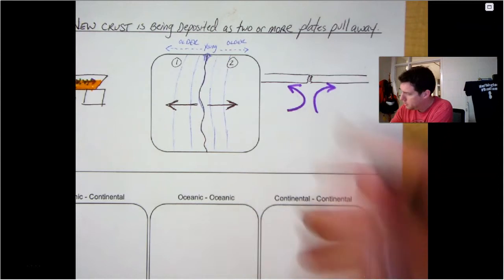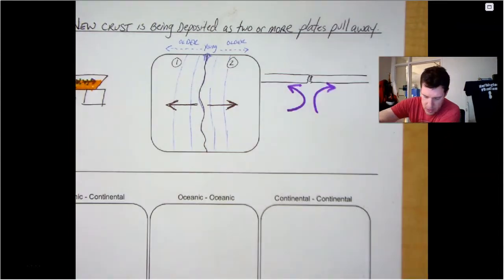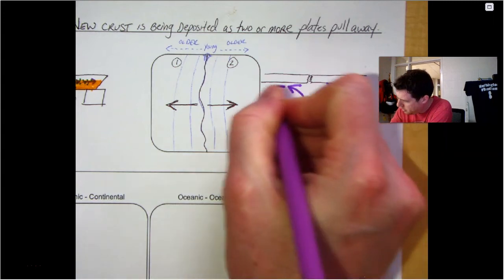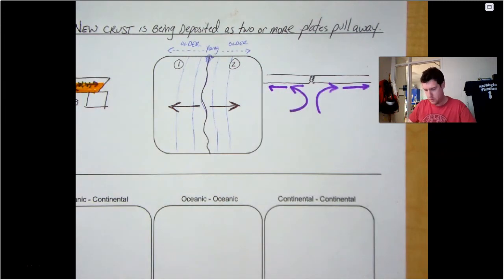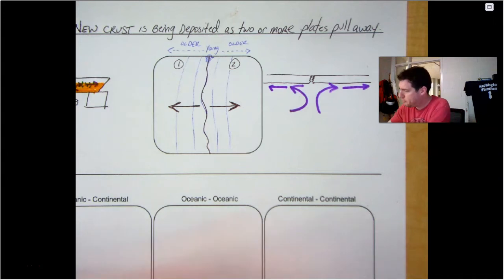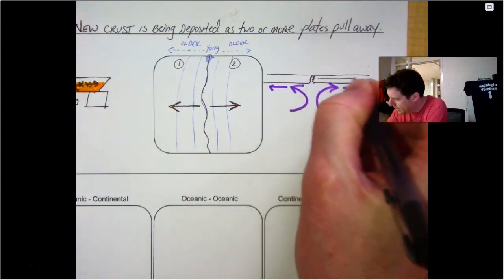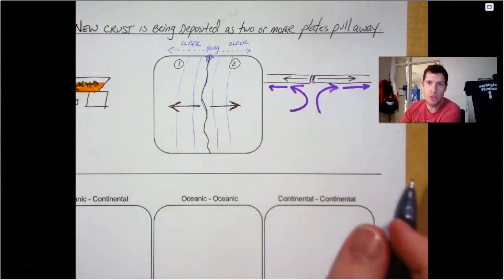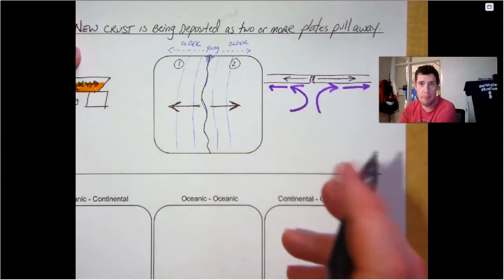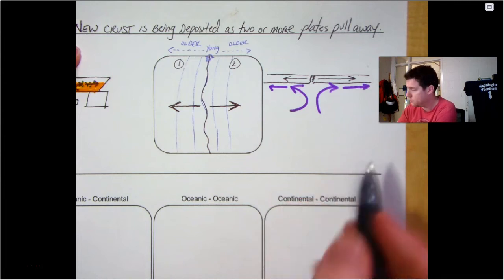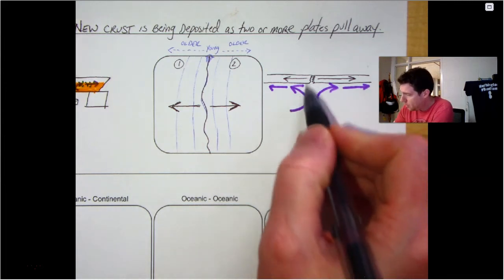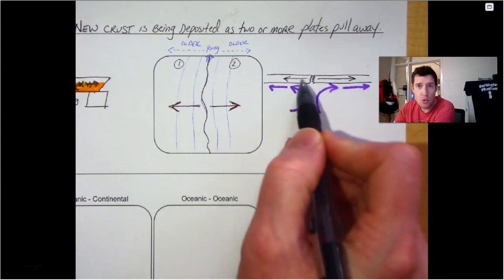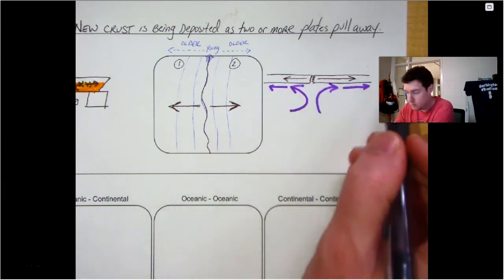So that means as the asthenosphere is moving this way, it's pulling, it's cracking open this crust. Most of the time it's on the ocean floor, but it could happen at continental crust as well. But you've got all this motion of the asthenosphere pulling apart, and that's driving where the plates are going.